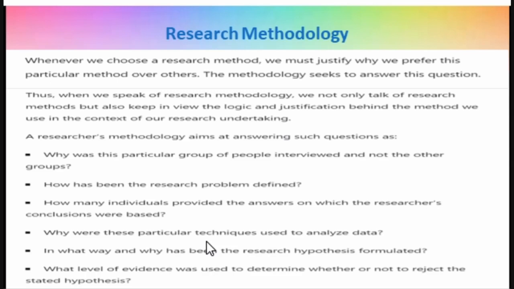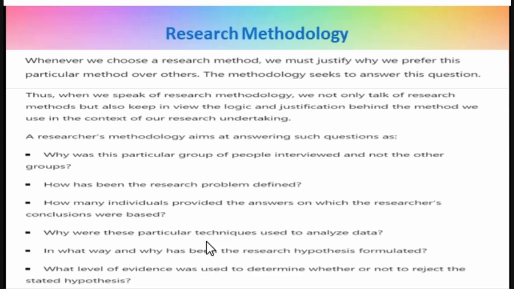When we speak of research methodology, we not only talk about research methods, but also keep in view the logic and justification behind the method. In research method we can just say we used Google Forms to collect data. In research methodology we will say why we used Google Forms, when there are other methods also available.